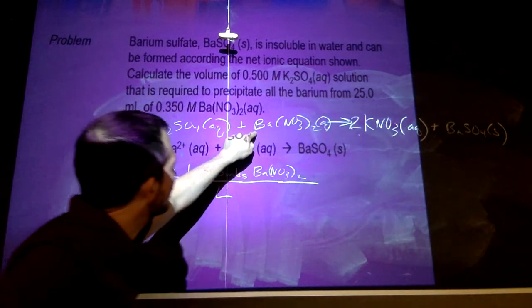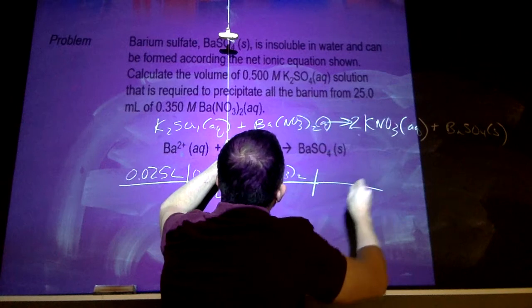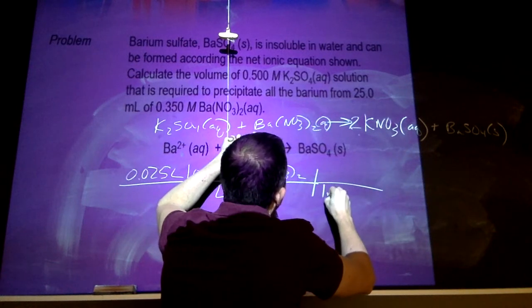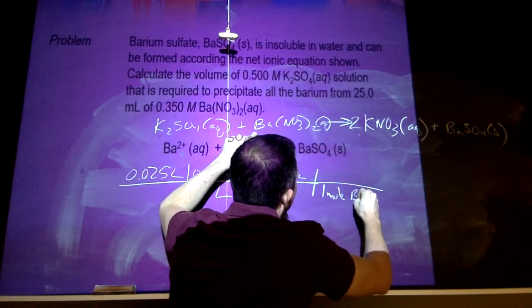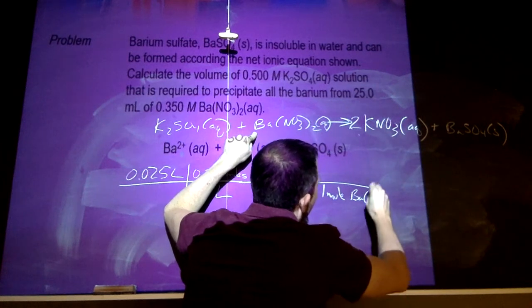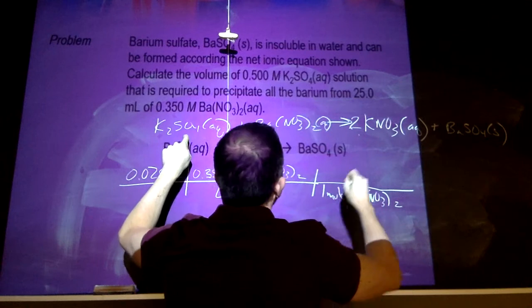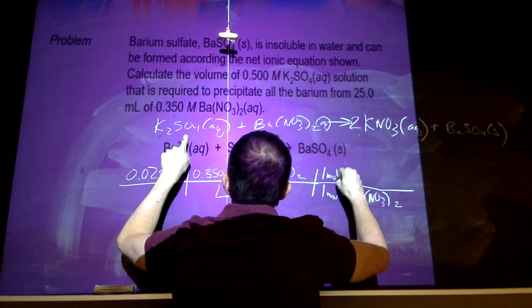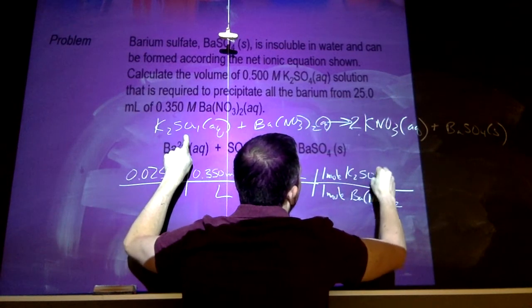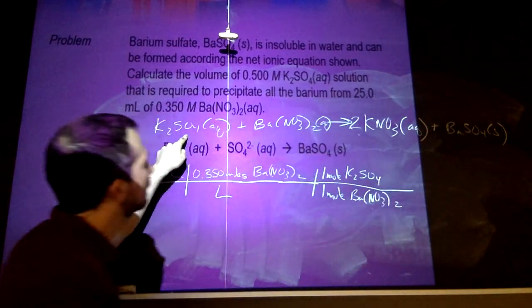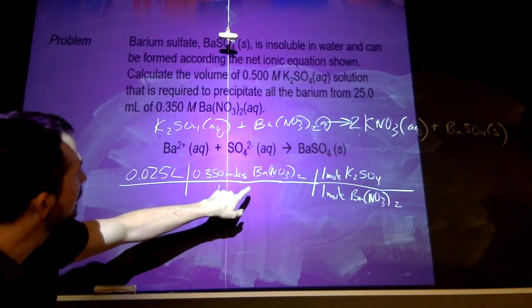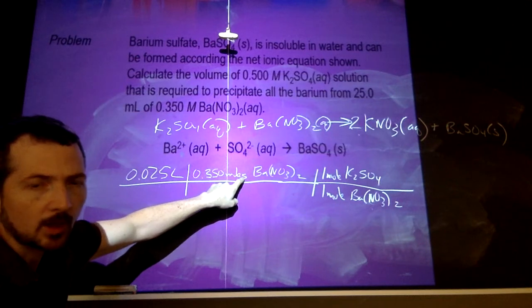So it says the volume of the potassium sulfate solution now. So use my balanced equation. Given 0.35 moles of barium nitrate.